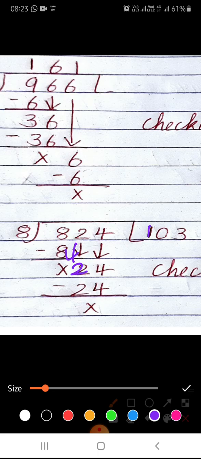So we have to bring 4 down. But if we are bringing two numbers together, then in that case we will put a 0. So it will be 24 now. 8 3s are 24. Your answer will be 103.